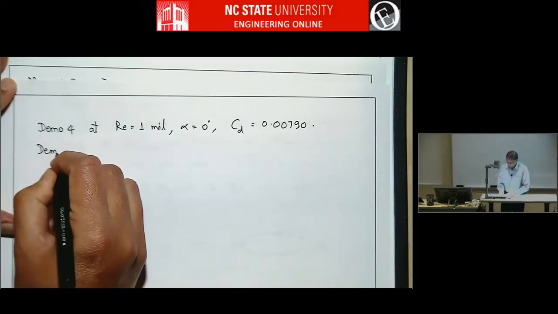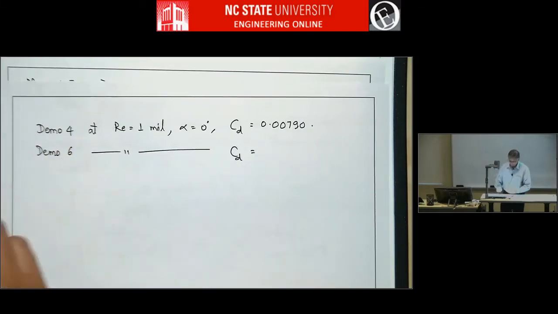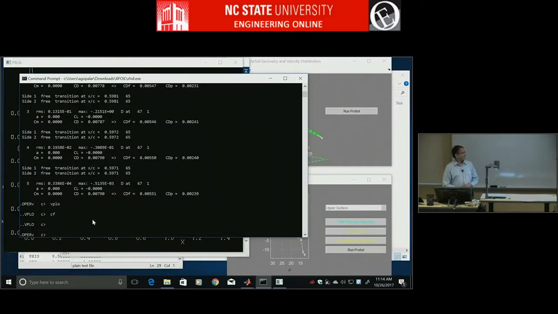Now we'll do demo 6, right? I don't know how it's going to be. I'm building up all this, doing all this drama, and it might be worse. It'll be really bad then.